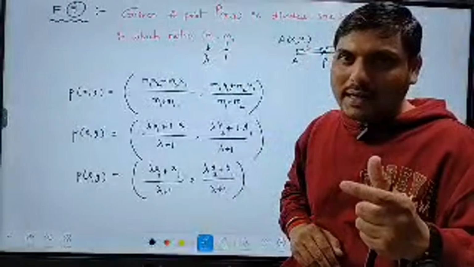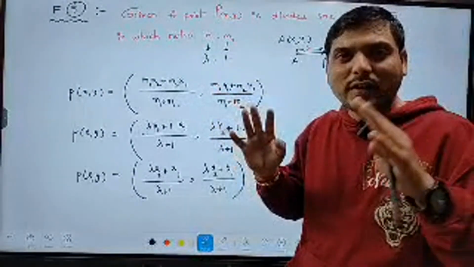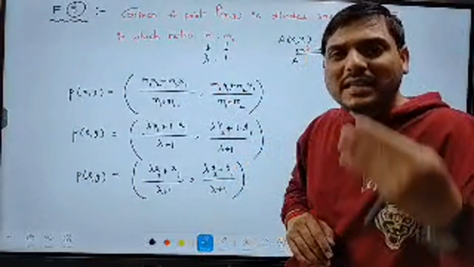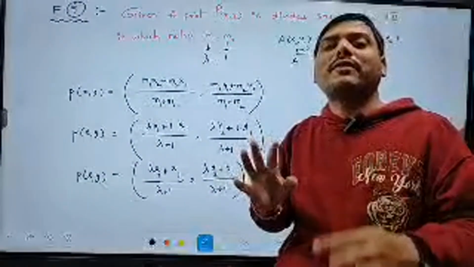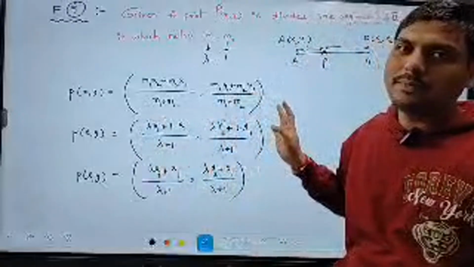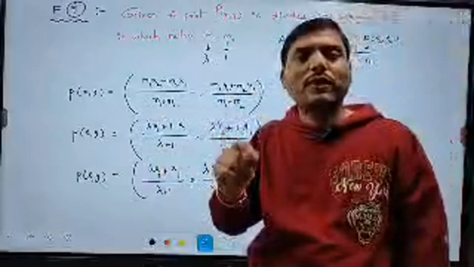Find the point that divides the given 2 points in the ratio m1 is to m2: the ratio is given, you find point P. Point P is given, you find the ratio. If your problem asks you to find the ratio, immediately go to the fifth formula. What is that formula? P divides the line segment AB in the ratio of lambda is to 1.